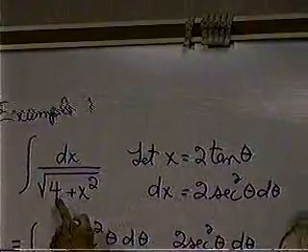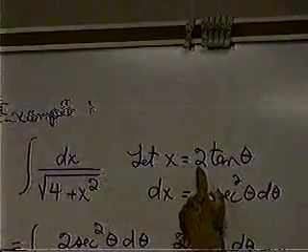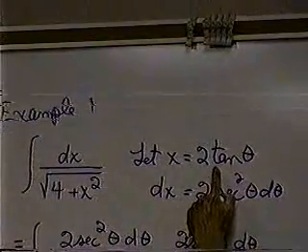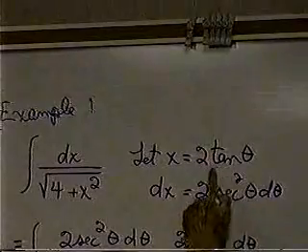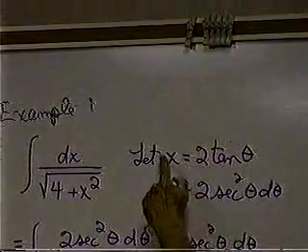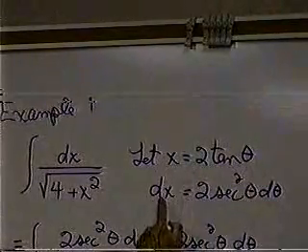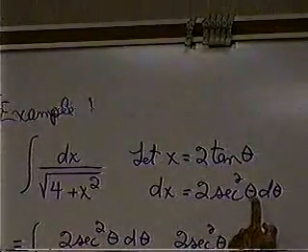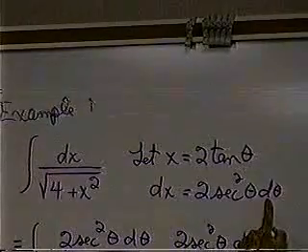And if this is a 4, we replace with the square root of that here. So we write x is equal to 2 tangent theta. Now, listen closely. We now take the derivative of this. The derivative of x is dx, and the derivative of tangent is secant squared times the derivative of the angle, which is d theta.